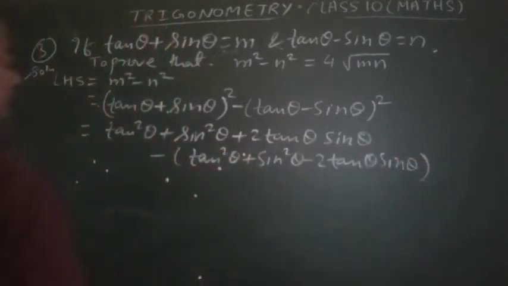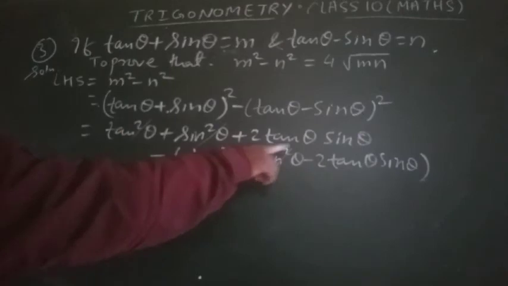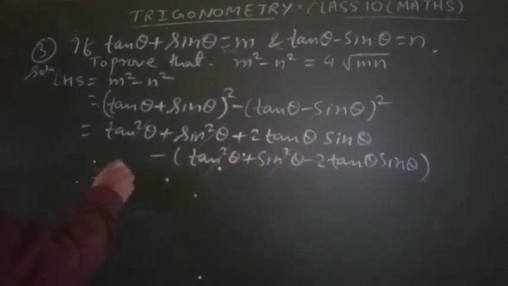If you break the bracket, tan^2 and sin^2 cancel, and 2 tan sin and 2 tan sin become 4 tan sin.